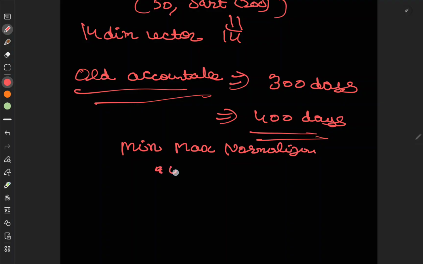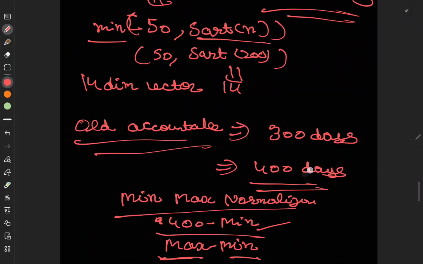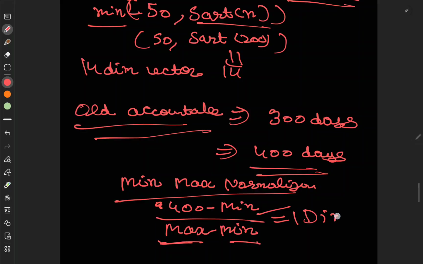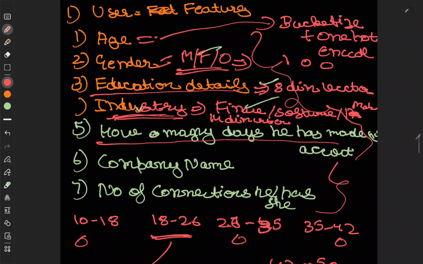Something like 400 minus min divided by max minus min, where max could be the maximum time a person has been on the platform, someone from the starting day of the platform, and min the same way. So it could be min max normalized here, generally just a one-dim quantity.